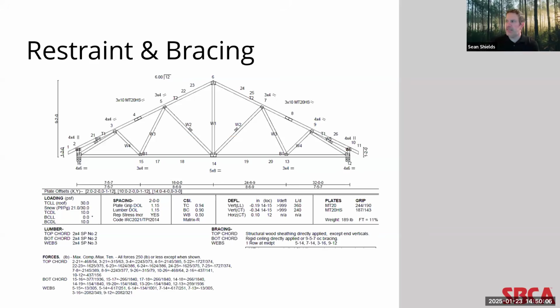Beyond that, the truss design drawing will also call out other intended truss restraint and bracing within the system. As you can see here, this truss is designed with the intention that structural wood sheathing will be applied directly to the top chords of the truss, except at the end verticals on the bottom side of the tails of the truss. It's typically where you'd see a return and soffit added.